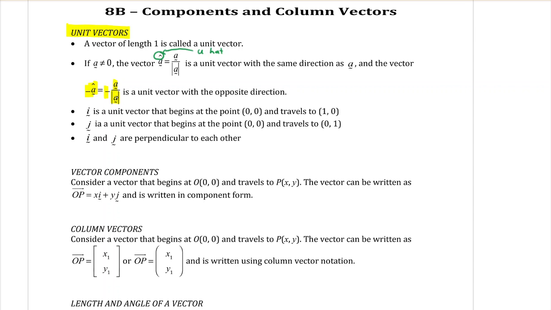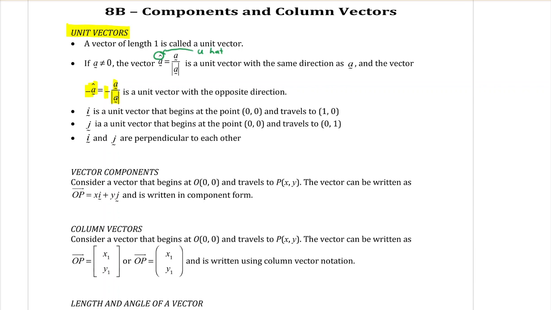Now, our vectors, we haven't been really giving them values yet so much, but when we draw them, there's always an x component and a y component to represent the slope, right?